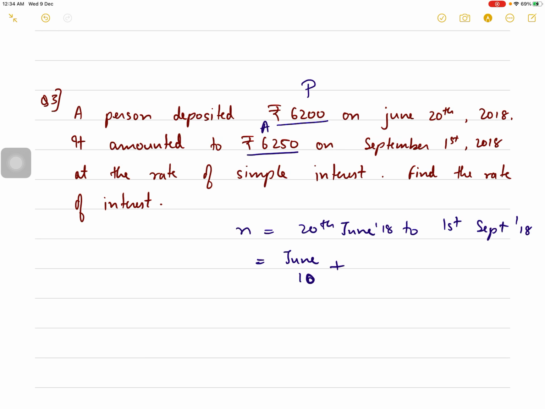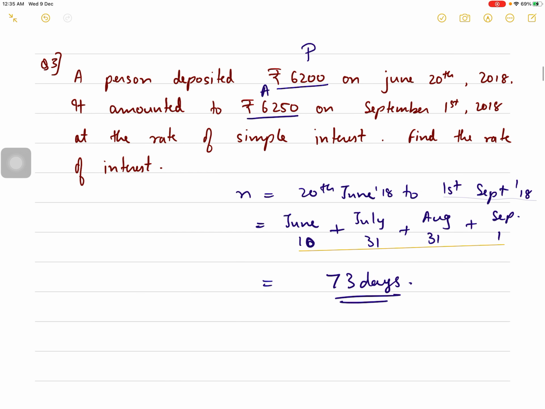So June 10 days, plus July 31 days, August 31 days, and September 1 day. So total number of days will be 10 plus 31 plus 31 plus 1, which is 73 days. So N is equal to 73 days.